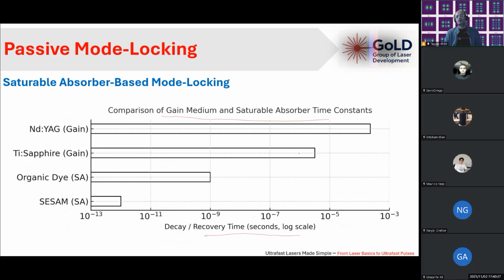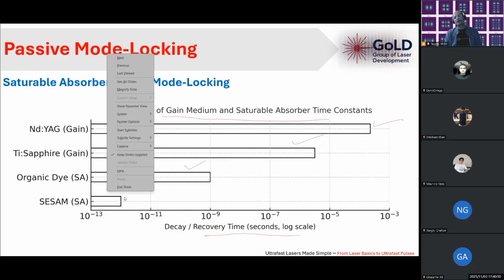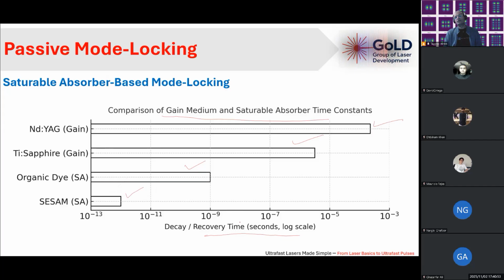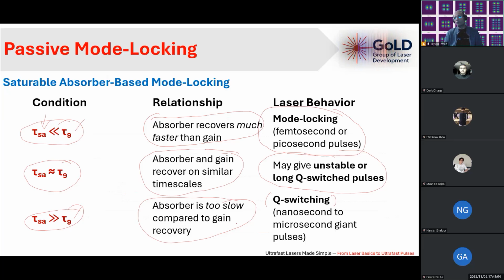Nd:YAG has a longer decay time, dyes have less, organic dye has a longer recovery time, and SESAMs have a shorter recovery time. Okay, and remember, as in the previous slide, the recovery time must be smaller than the decay time of the gain medium. This is the condition for having mode-locked pulses.